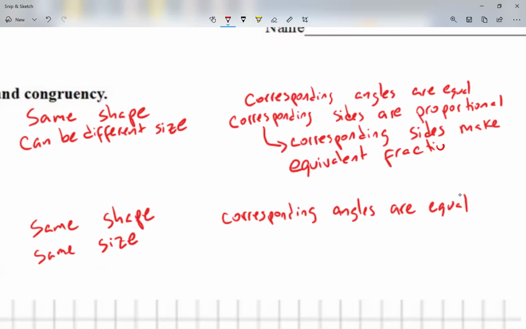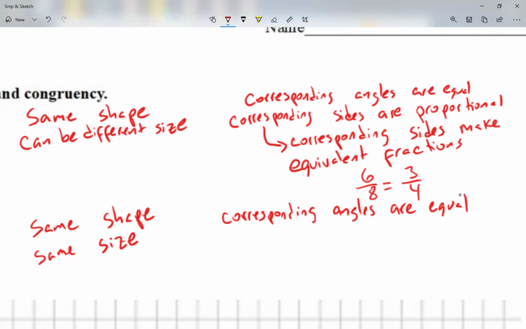Okay, what are equivalent fractions? Something like 6 over 8 is equal to 3 over 4, right? If we look at these as fractions, they can be simplified, and they simplify to the same thing.